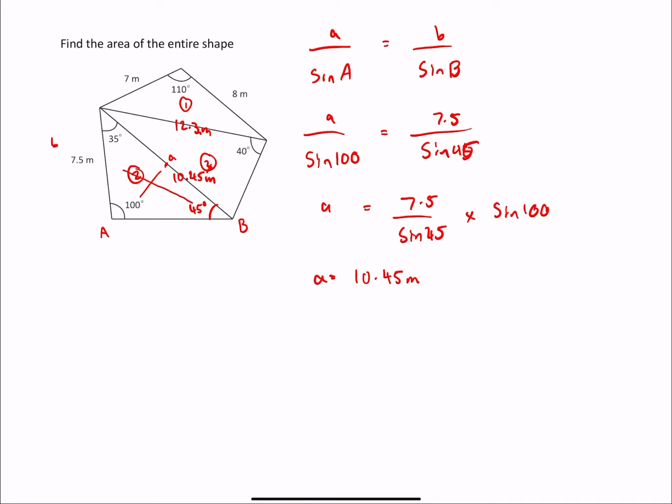Now I just want to find the area of that shape, so if I call the angle between A and B C, I can use my area.